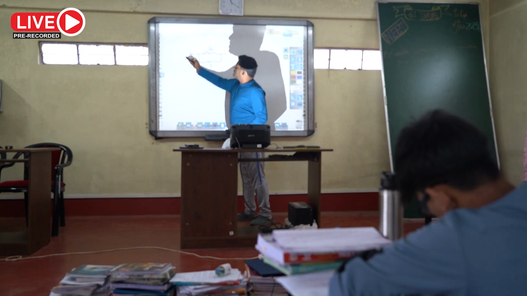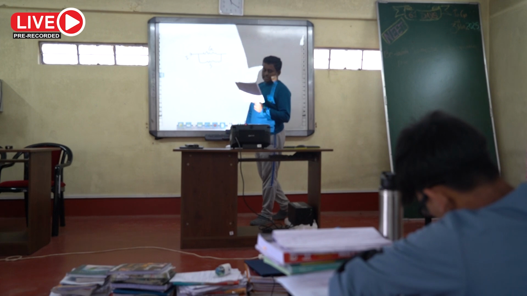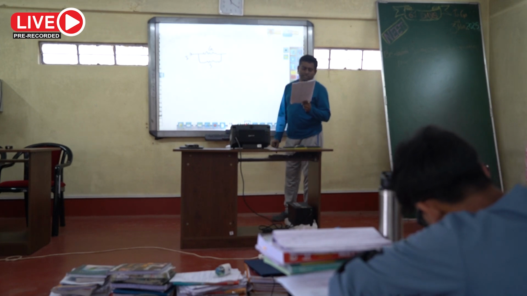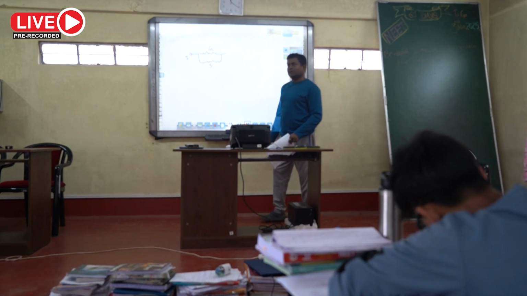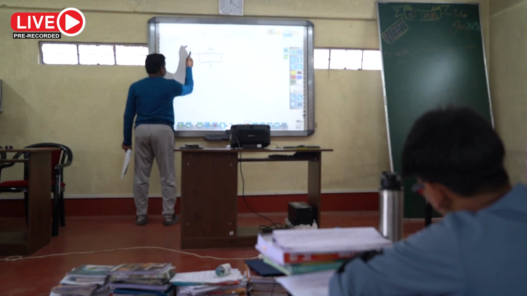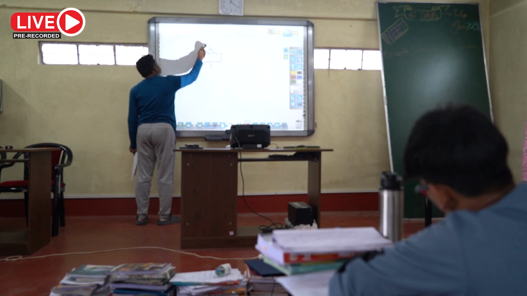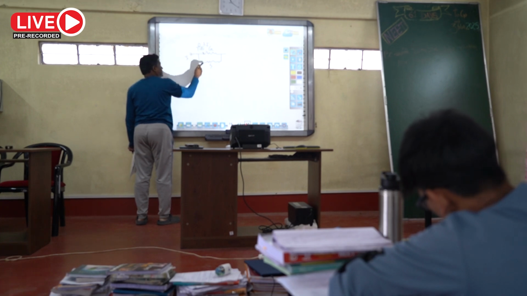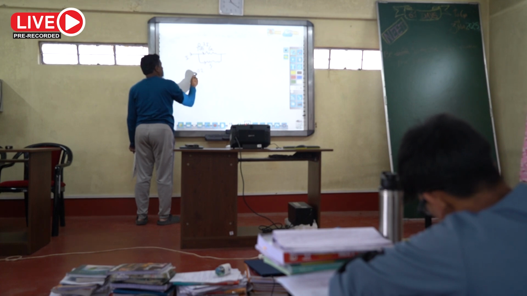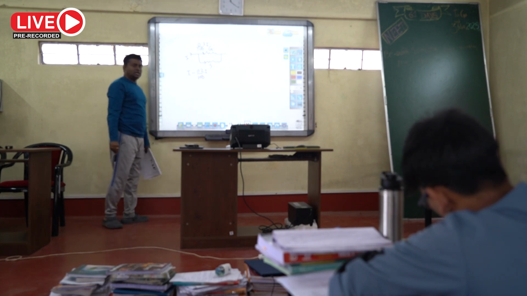So main current, suppose I, it is said that 0.2% of the main current passes through the galvanometer. Means 0.2 by 100 I, this current passes through the galvanometer. So the remaining current I minus 0.2 by 100 I passes through the shunt.